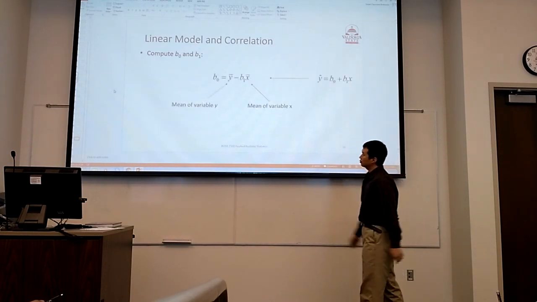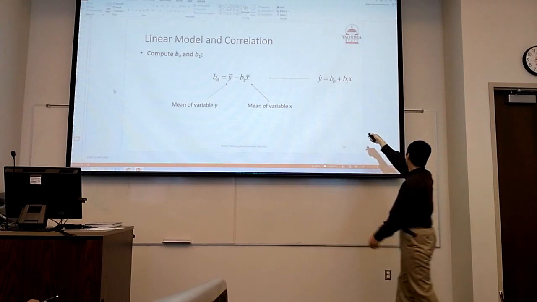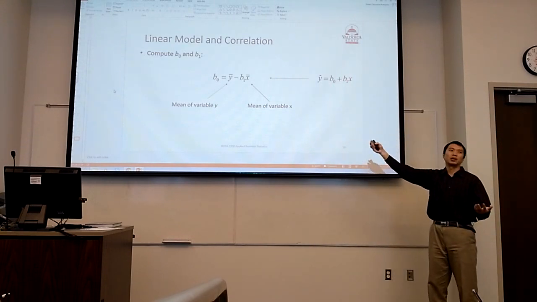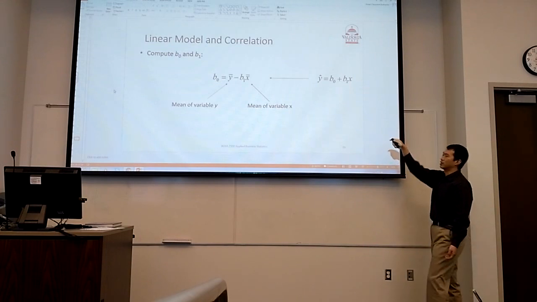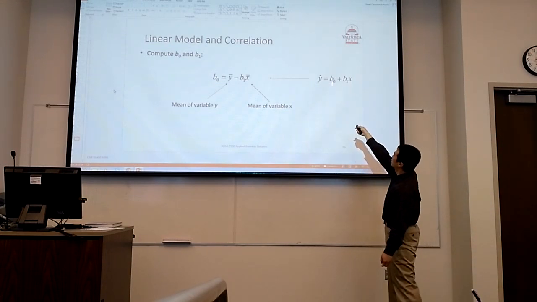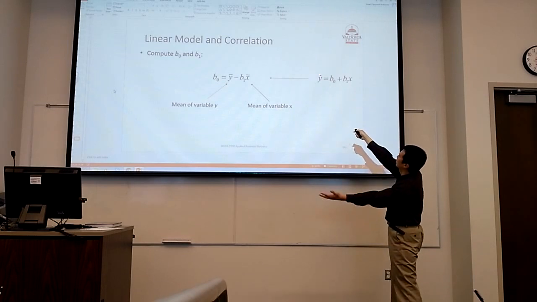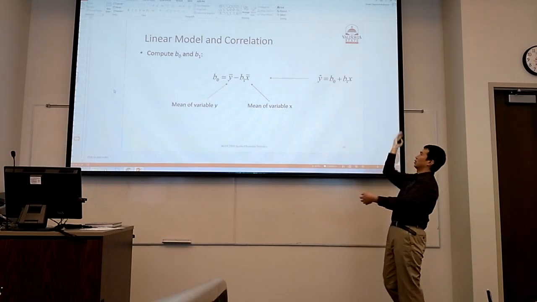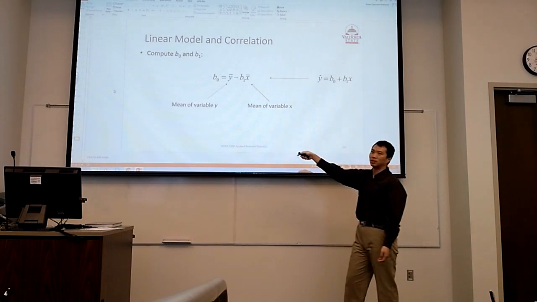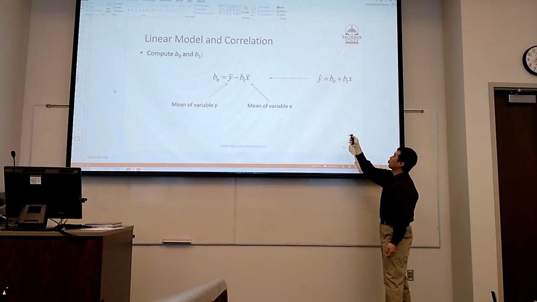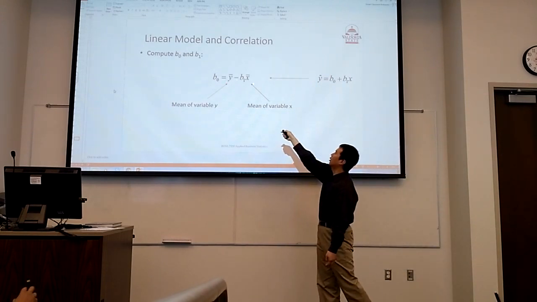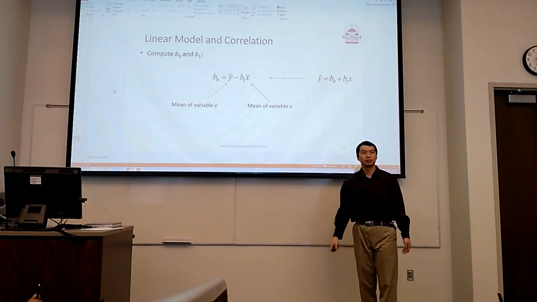Let's start from here. This is the regression model we talked about, the linear model: y hat is equal to b0 plus b1 x. If we put b0 on the left-hand side and put the y hat back there, we will have a similar expression like this. But we replace the y hat and x with y bar and x bar.